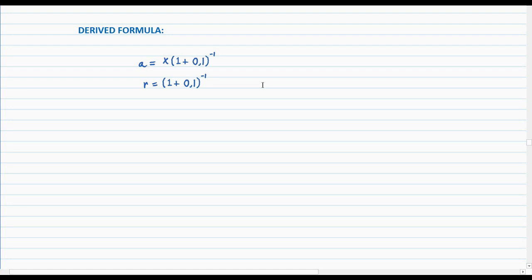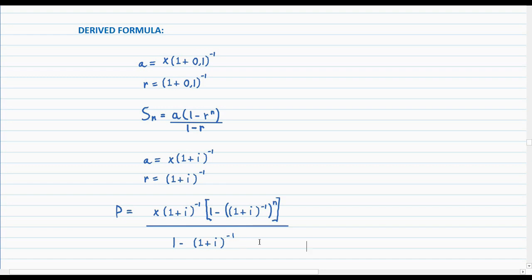And the formula for a geometric series is, so by comparing to these values in the example, we can say what the general form of the first term and the constant ratio would be. The first term would just be x times 1 plus i to the power negative 1, and the constant ratio would be 1 plus i to the power negative 1. Then just sub these back into this equation, and that's how it looks.